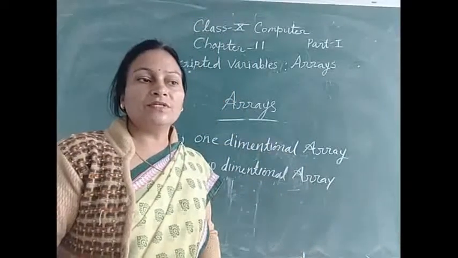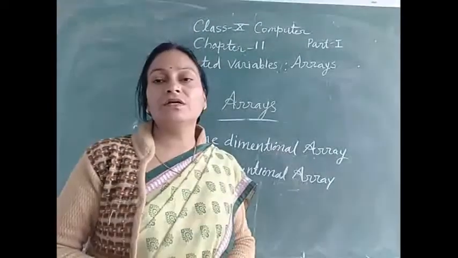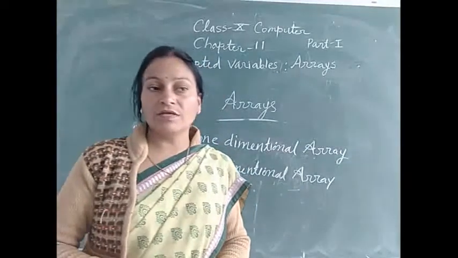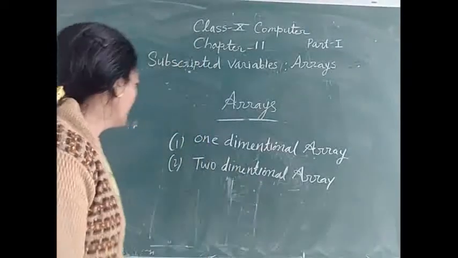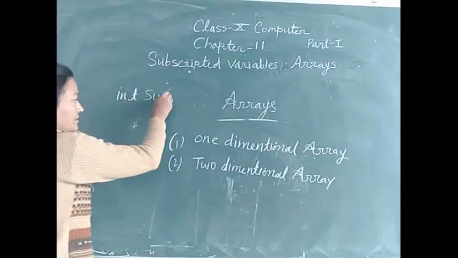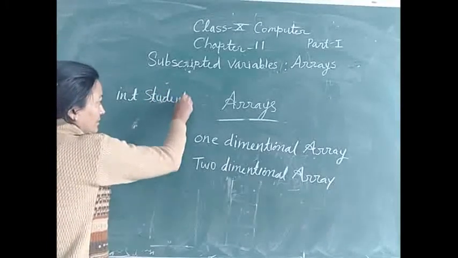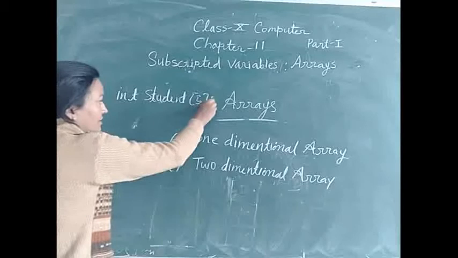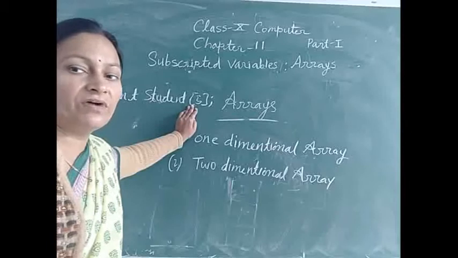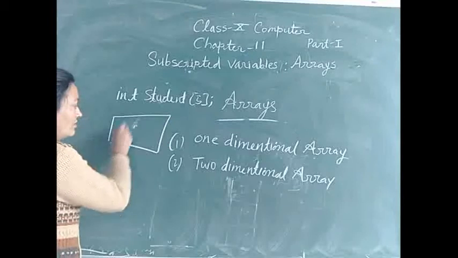A single-dimensional array is the collection of same data types in the form of a list. It is known as a single subscripted variable because these variables have only a single subscript. For example, integer student[5]. We use only a single subscript, so it is a one-dimensional array. In a one-dimensional array, data can be represented row-wise or column-wise.